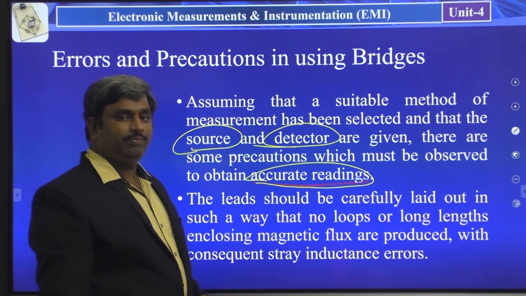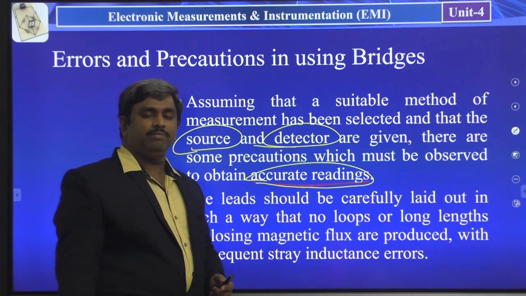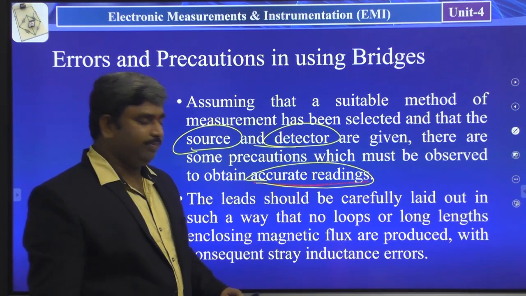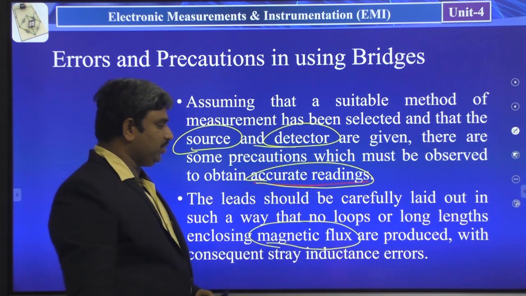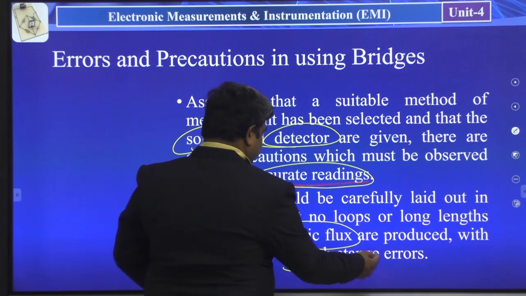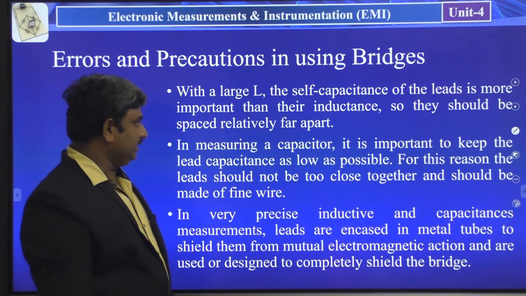These are very important parameters for producing the correct EMFs or flux in those arms. Whatever magnetic flux we enclose in that circuit is very important, and we have to reduce the stray inductance errors.